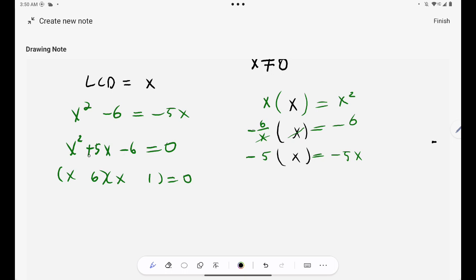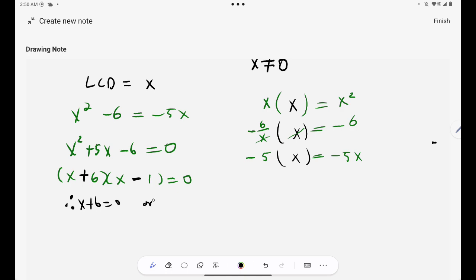Since the sign of the middle term is plus, that means 6 will get the plus and then 1 will get the negative. So this simply means that x plus 6 is 0 or x minus 1 is 0. So x is equal to negative 6 or x is equal to 1.